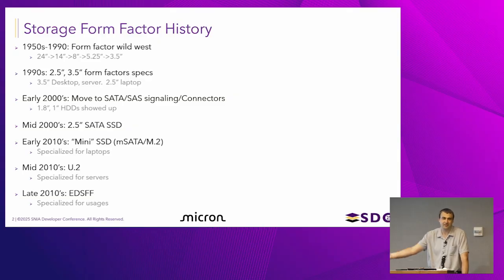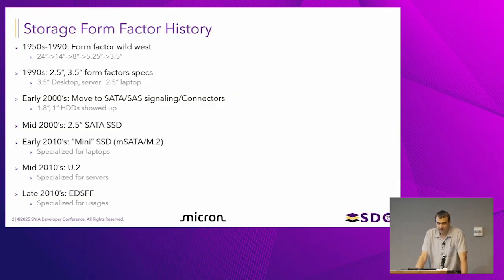The whole reason SFF committee was created was around the 2.5-inch form factor to begin with. And so we kind of had a little bit of bifurcation in the market at that point. You had the 3.5-inch desktop and server one, and then you were starting to see HDDs in the 2.5-inch form factor going into laptops.